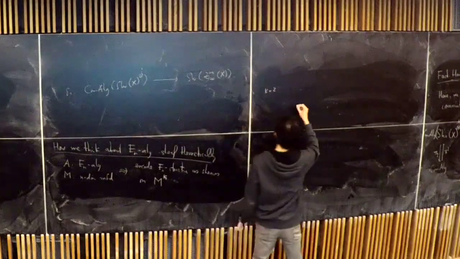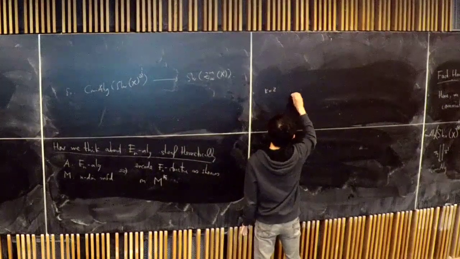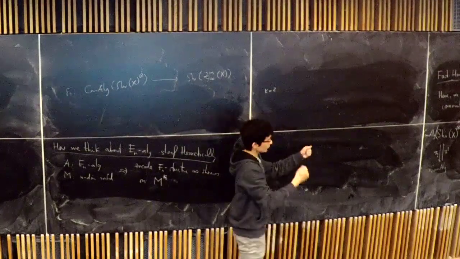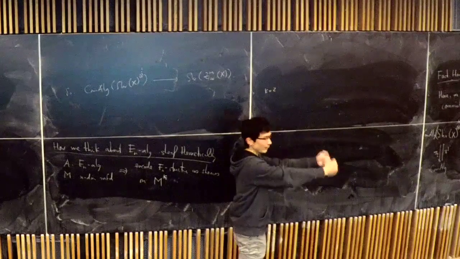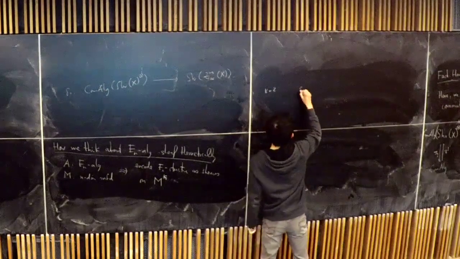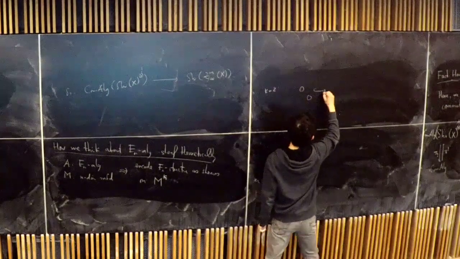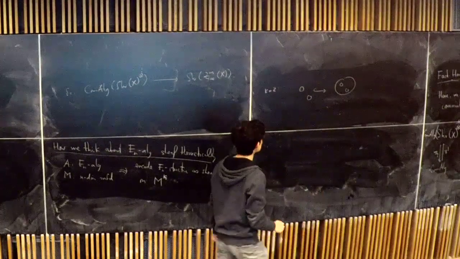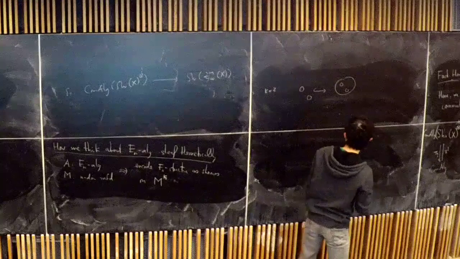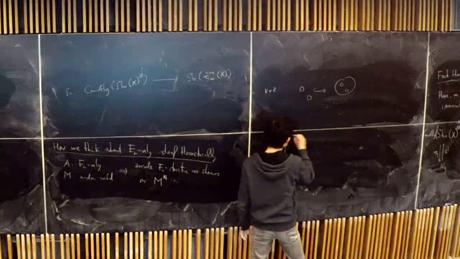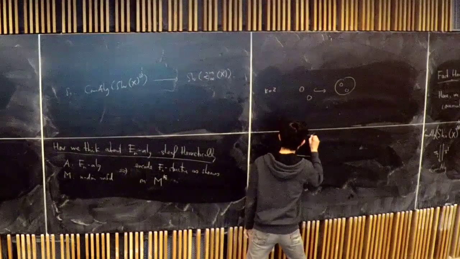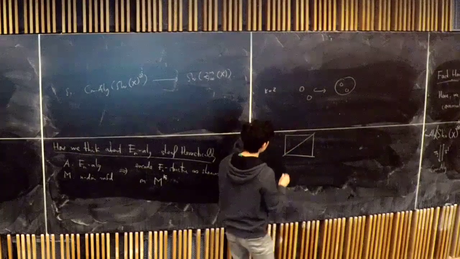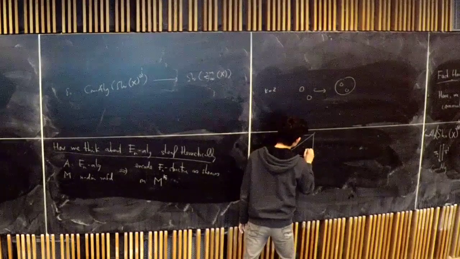So when I look at the 2, we have the following thing. In the EN algebra, for each embedding of two copies of a disk into another disk, you get a multiplication. One way to think about this is that you think of your N squared like this, and this is the diagonal, and you have points floating around.